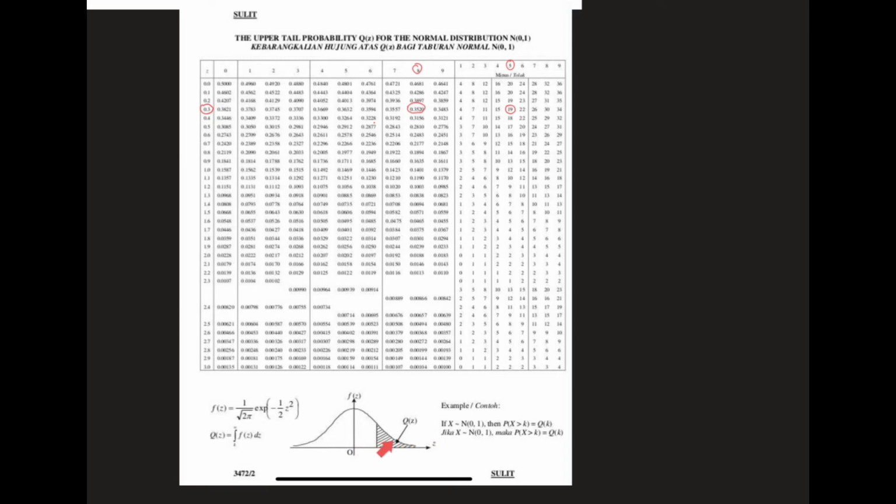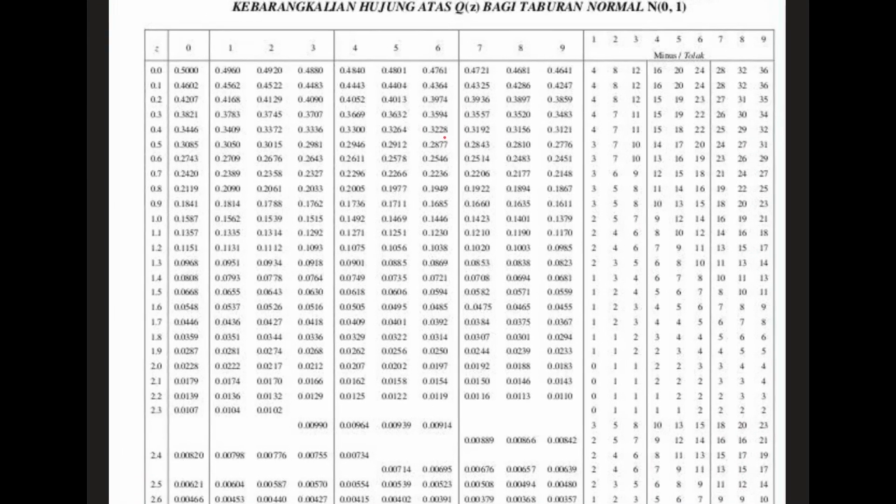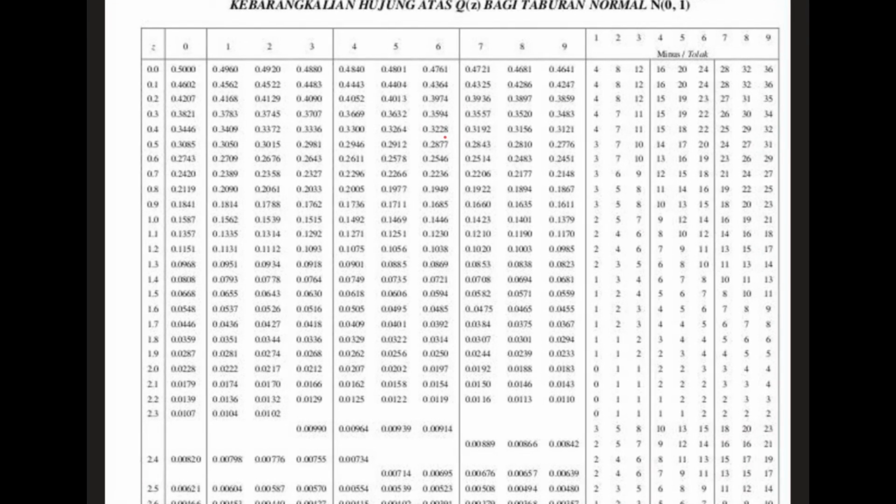Because our table will help us to find the value on the right only, and 0.15 is the probability on the right. So I just wipe away the irrelevant thing. Now on the right, probability 0.15. Remember, the probabilities are the values inside here, 0.15. This one, 0.1515.